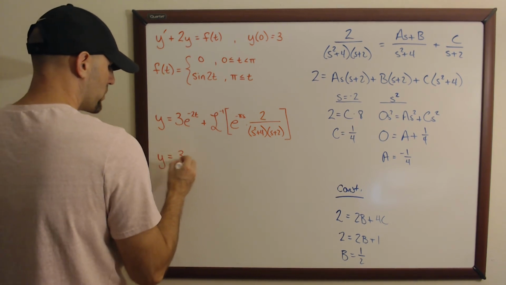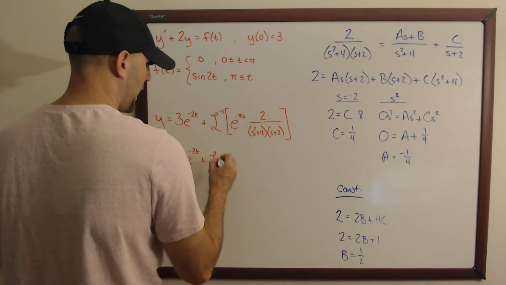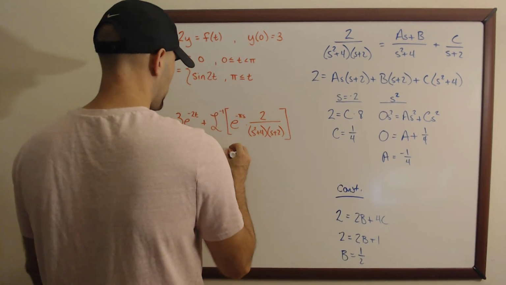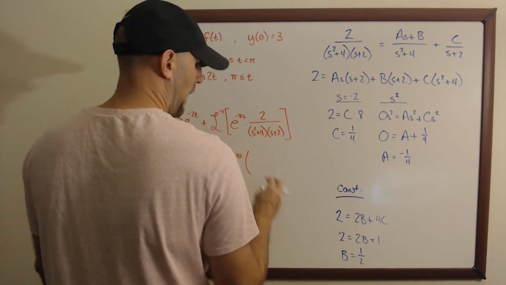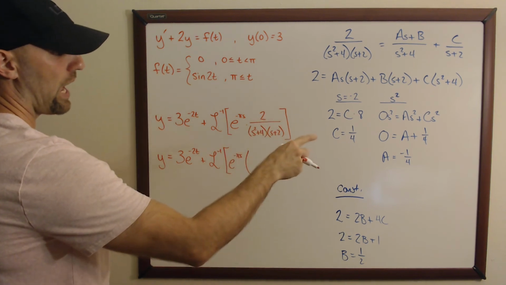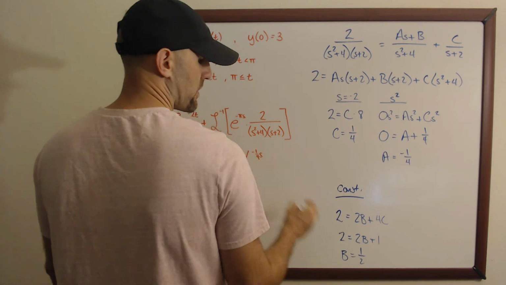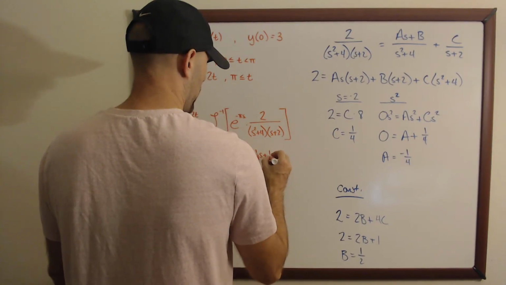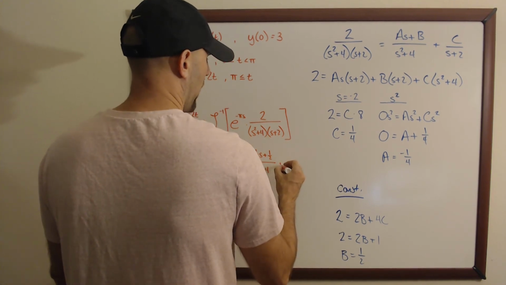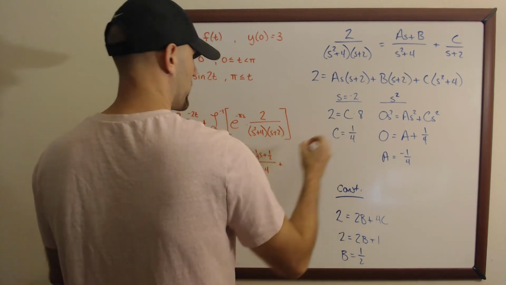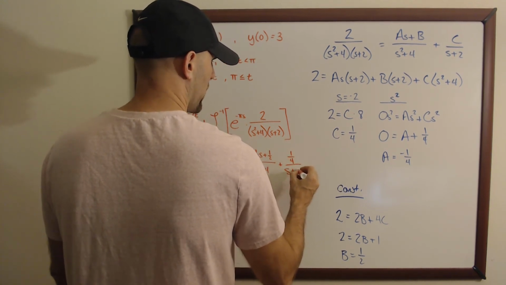So y is 3 e to the -2t plus the inverse Laplace transform of e to the negative pi s times, where's a, -1/4 s plus b, so plus 1/2 over s squared plus 4, plus, see, here we go, 1/4 over s plus 2.